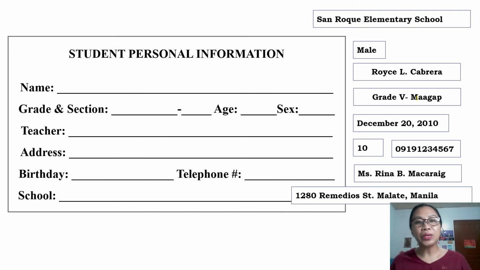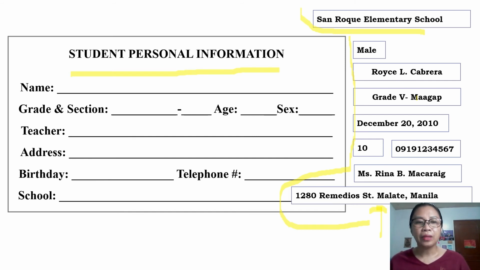What I want you to do in this slide is to write this information on the right side, or on the information above, to put it in the personal information correctly.